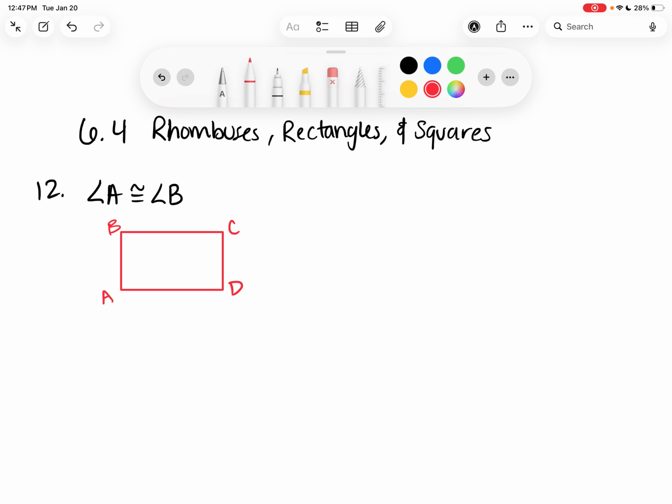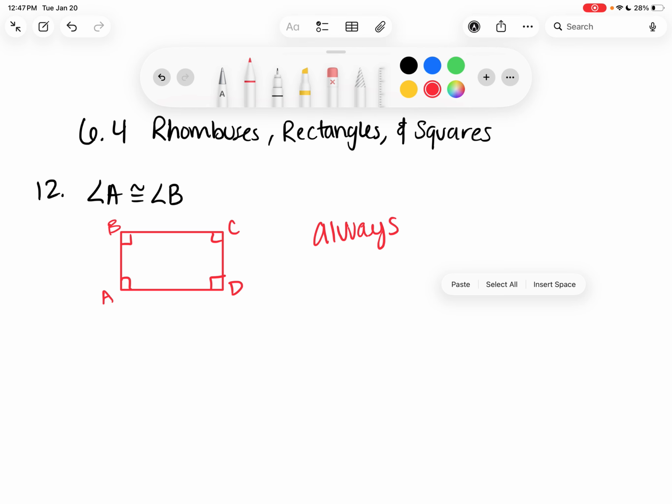And I know what's true about the angles of a rectangle. They're all 90 degrees, so I'm going to put this in here. So, is this statement always, sometimes, or never true? Always.